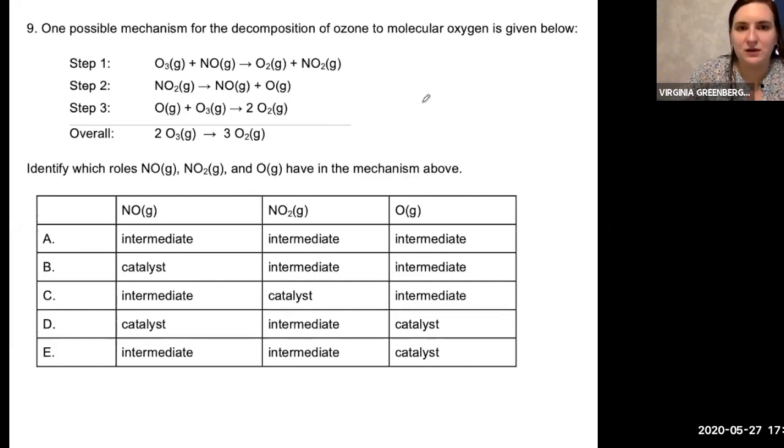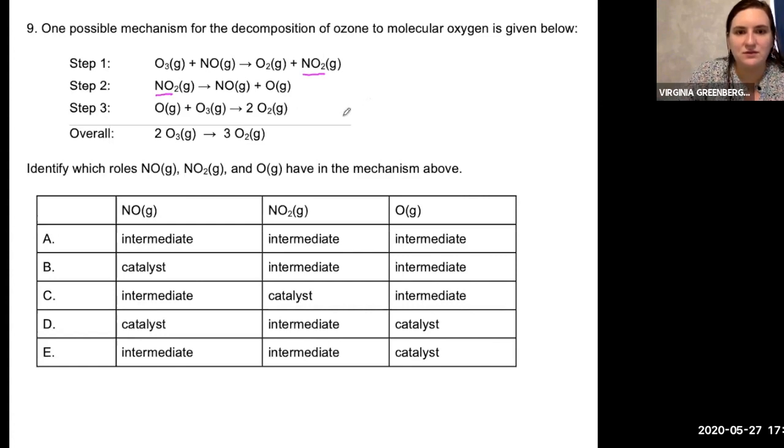An intermediate is something that's going to be made and then used up again. If we look, say, at this NO2, here we can see it's made in the first step, but then it's used up in the second step.